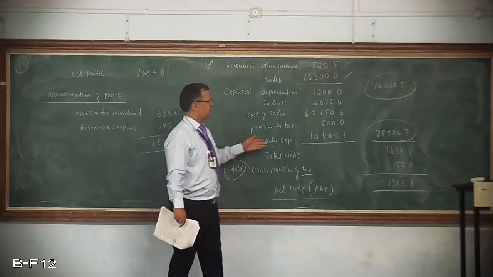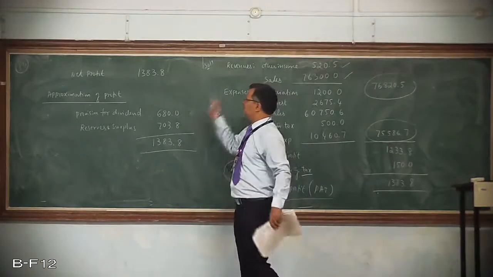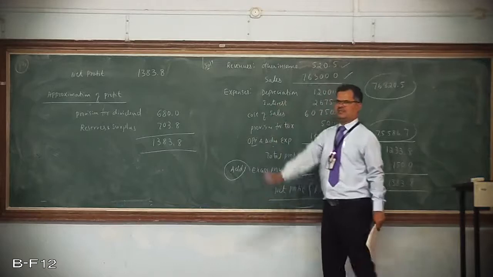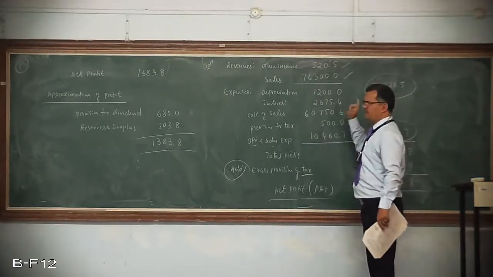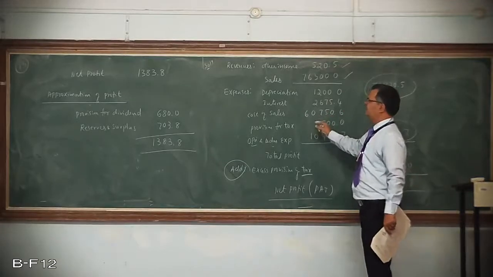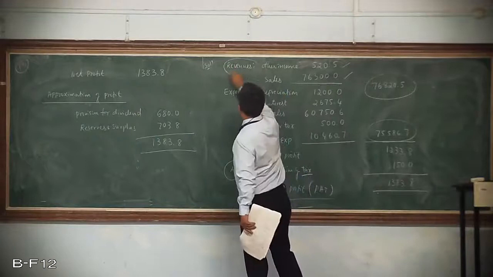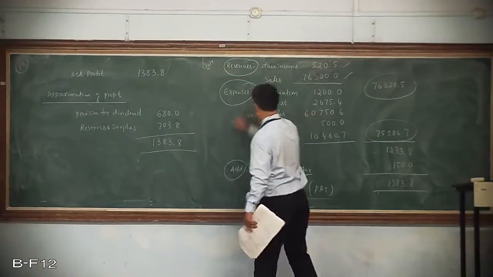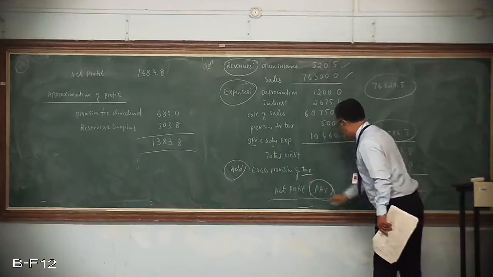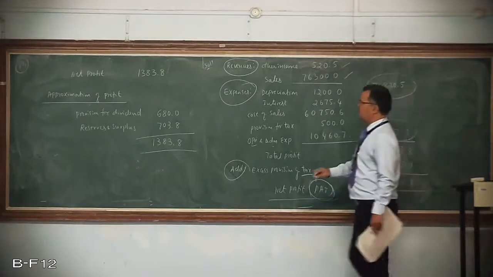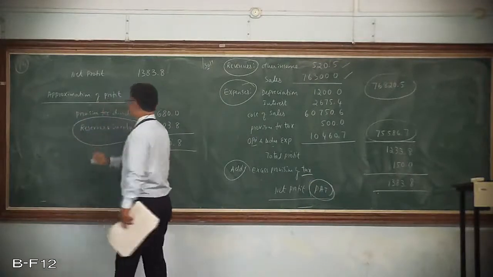Then you can also calculate the PBT and the PAT. Means in a multi-step, you're going to get 4 headings: GP, OP, PBT and the PAT. In case of single step, you're going to get the revenue values and expenses directly. Directly we are calculating the net profit, that is the PAT here, and then we go for the appropriation of profit to find the reserves and the surplus.